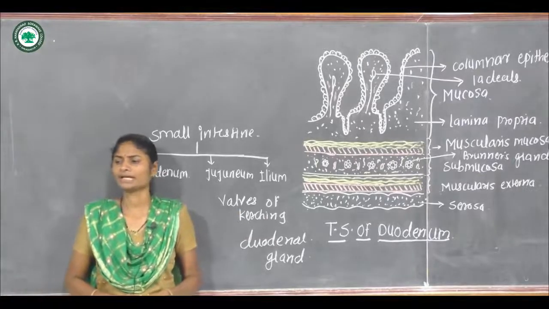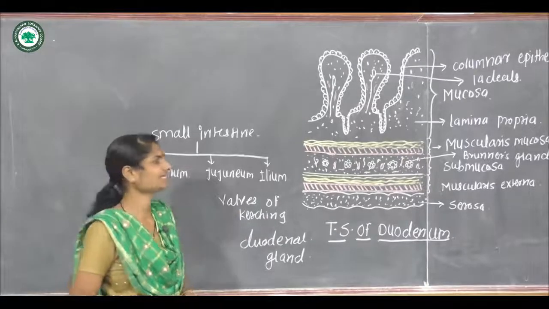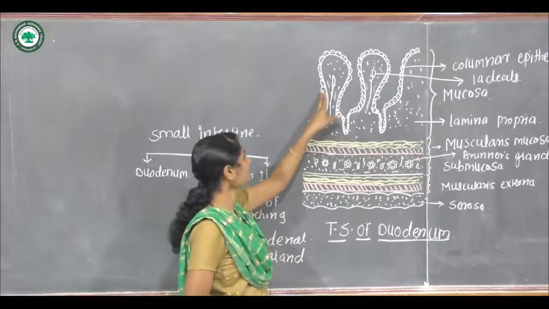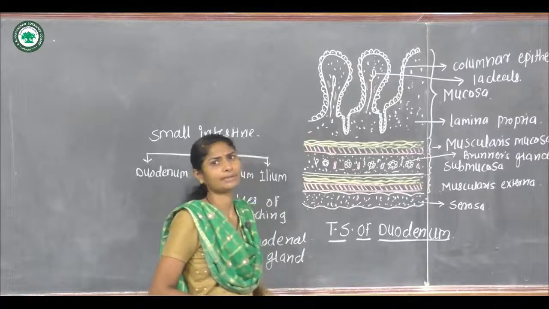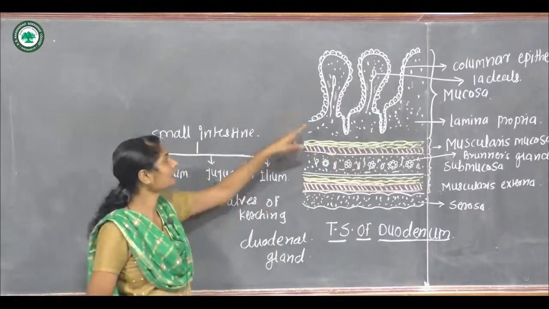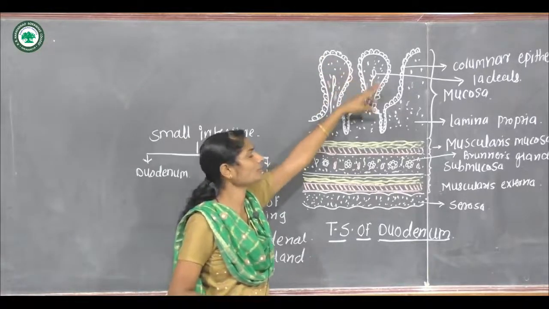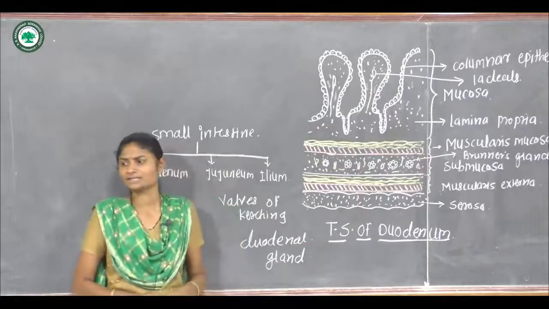Mucous membrane of duodenum is covered with a single layer of columnar epithelial cells.